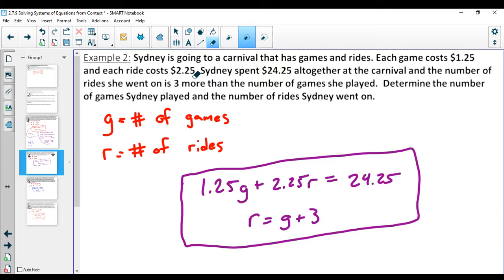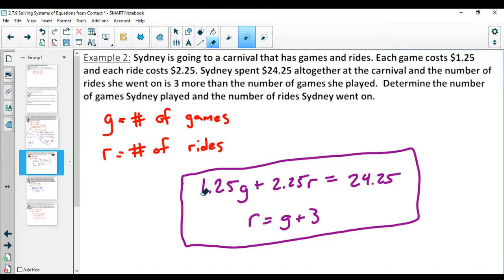If it costs 1.25 per game, then 1.25 times the amount of games would give me how much I spent on games. And if it was $2.25 per ride, then $2.25 times the amount of rides I did would give me how much money I spent on rides. And you add them together to get the total amount of money Sydney spent, which is $24.25.